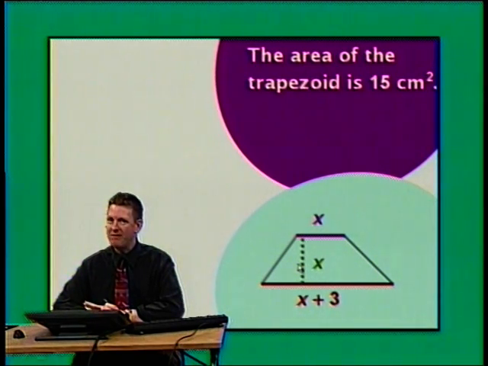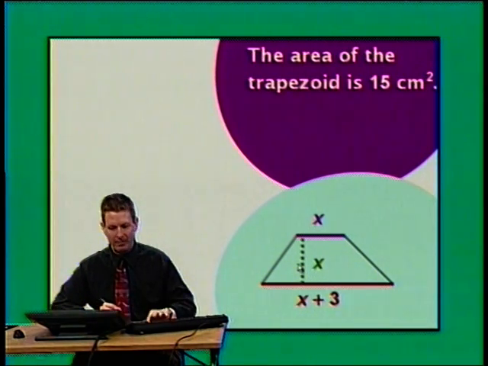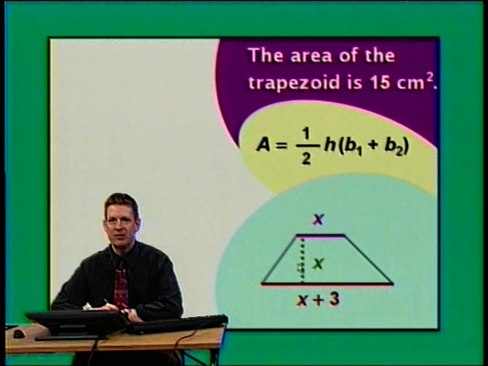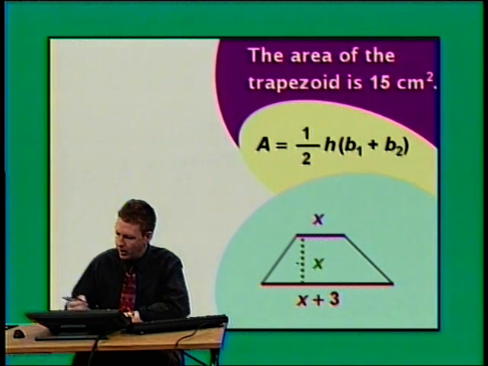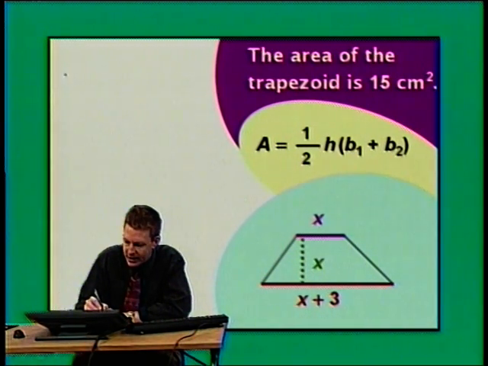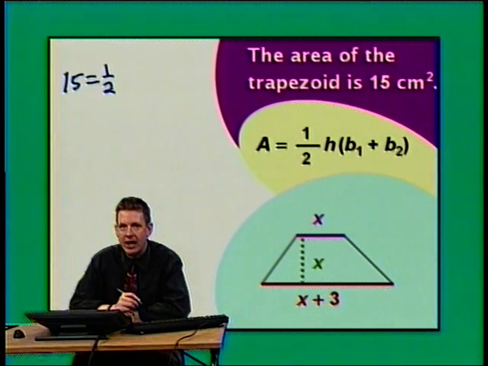I've been teaching math for a long time, so I do remember that the area of a trapezoid equals 1/2 times the length of the height times the sum of the two base lengths. So let's use this formula in the context of this problem. In this problem, we know that the area is 15. We know that the height is represented by the letter x.